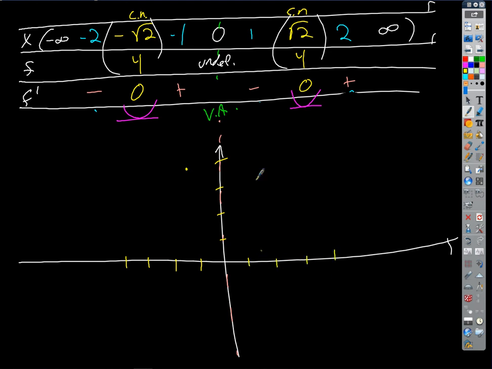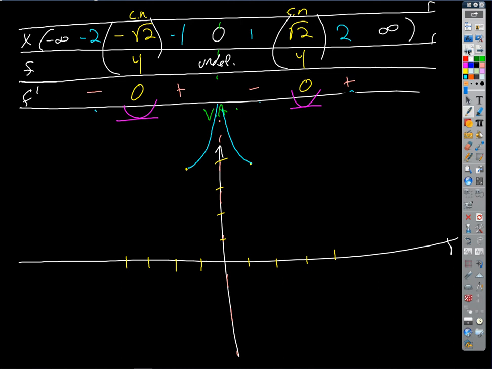Over radical 2 up 4 is right about there. Okay? And we know that this is a minimum and that's a minimum. And so what's the shape of this thing have to be? Doesn't it have to do something like it's going to go asymptotically up the axis there, right?